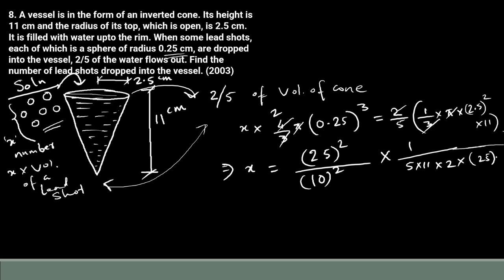You can just write 25 cube, and you can put 100 cube on the top, right? I just rearranged the terms. Basically it's the same thing. So from here you get 25. So 10 square, how many squares are there? 0, 0.